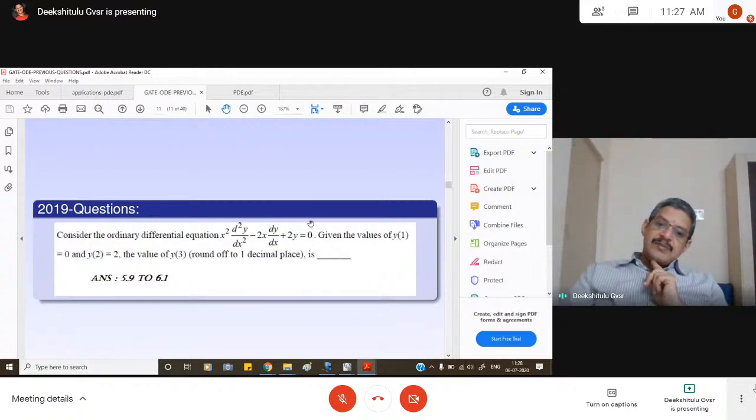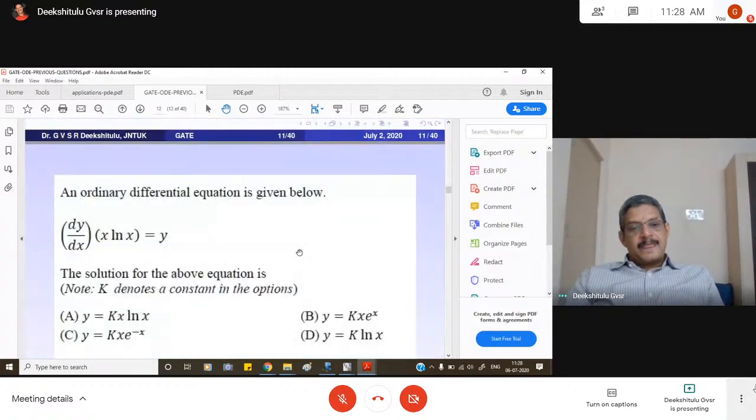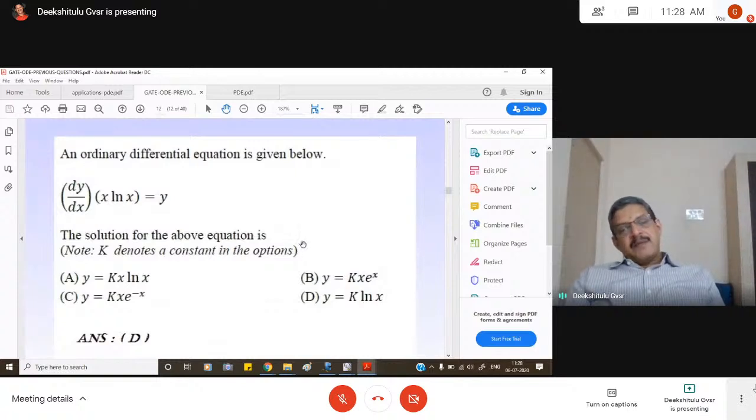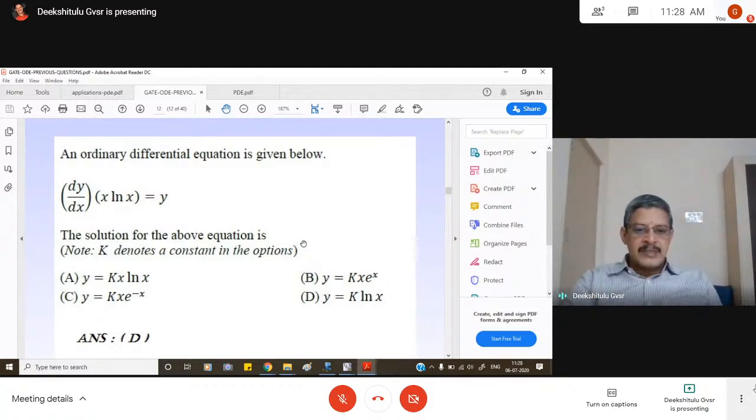Put e power x is equal to t. Then if you solve that, we get the solution. Then x square d square y by dx square is equal to d square y by dt square minus dy by dt, and x dy by dx is equal to dy by dt. So substitute those things here. That will be converted into a constant coefficient equation.